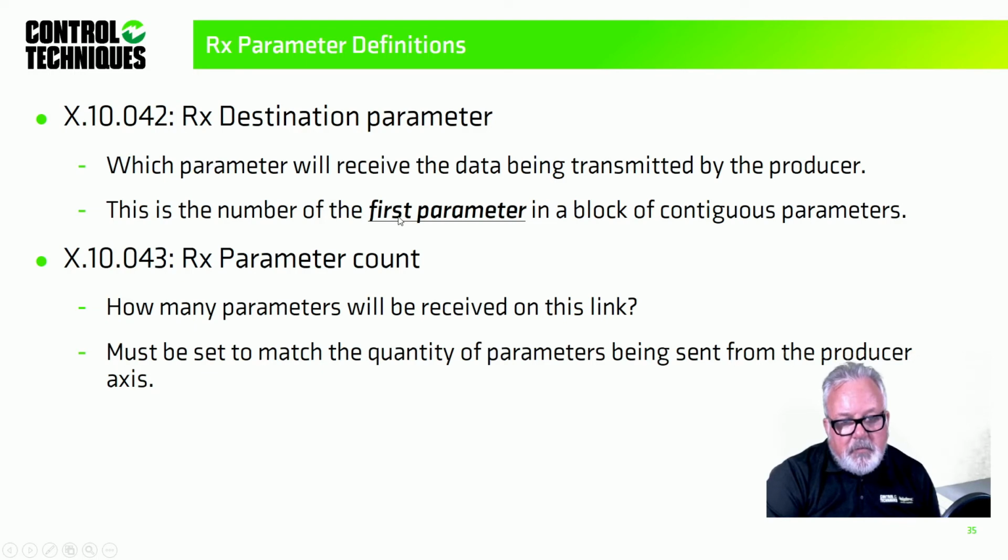So this is the first parameter in the receiver, and then the other 4 parameters contiguously will be populated with the other 4 transmitted links. So that must match what the transmitter is, this must match the parameter count. If I'm sending 5, I have to receive 5. And I have to put those 5 here first. So destination parameter, and then the number of subsequent parameters that will also be included in that link.